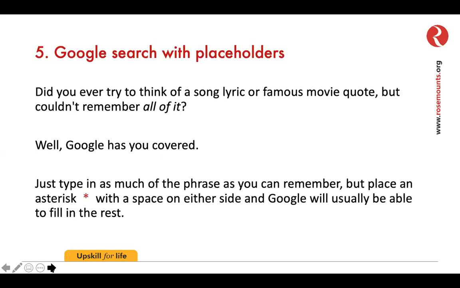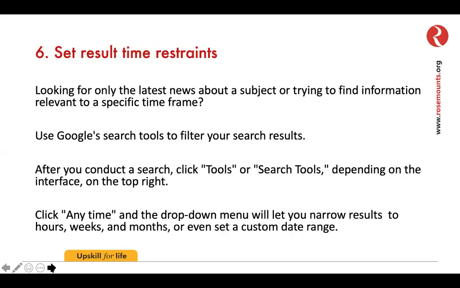Then Google search with placeholders: if you're looking for a piece of poetry, a quotation or a speech by someone, and you remember some words but have forgotten others, you can use the asterisk sign.